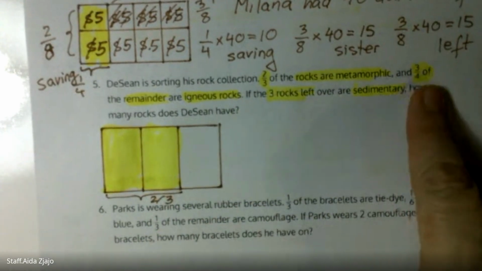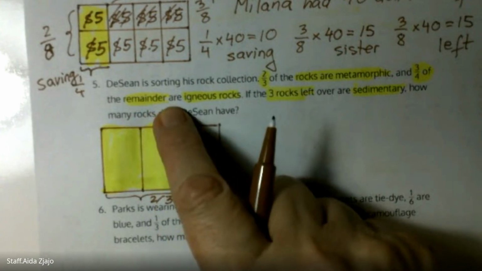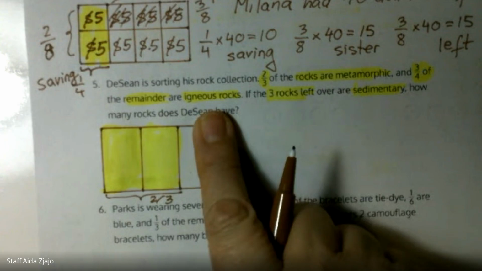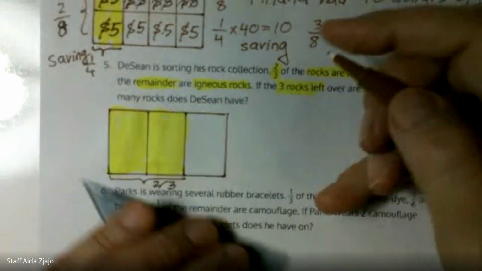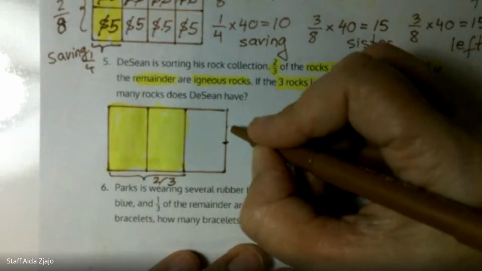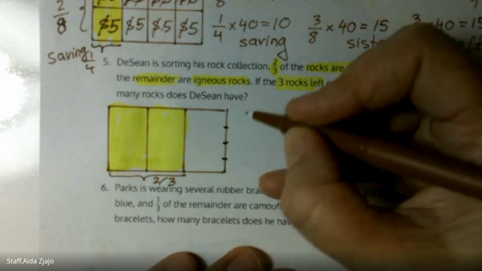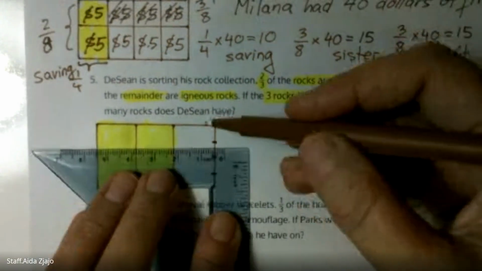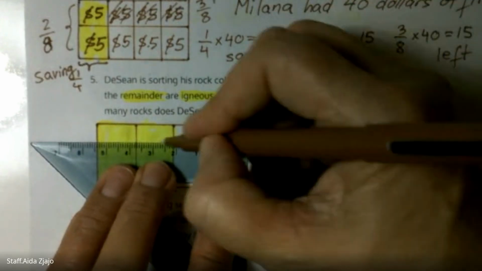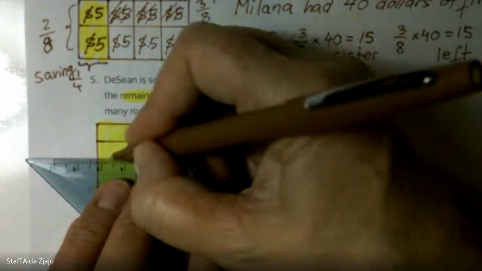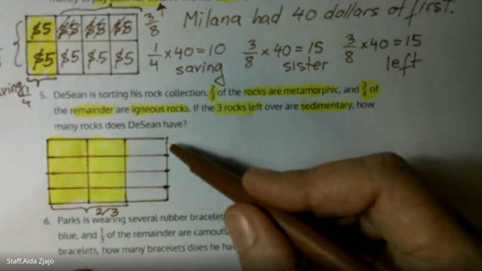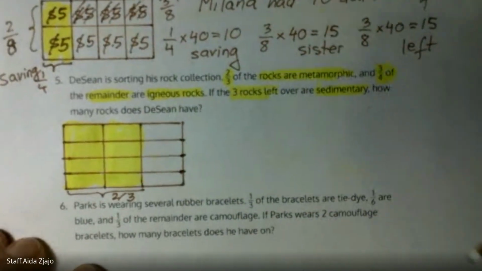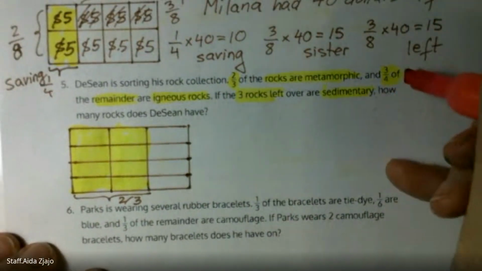Okay, now 3/4 of the remainder are igneous. So we need to cut this part into 4 pieces. So let's go half and again half. So in order to have 4 pieces, we needed to always cut the complete whole into the part. So this is the remaining part, and then only the 3 out of 4.